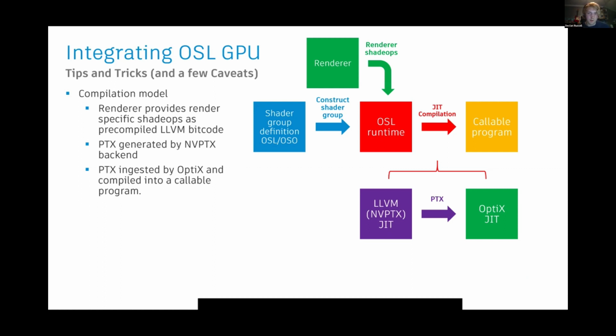Then OSL turns this all into its LLVM intermediate representation, and then hands it to the LLVM NVPTX backend, which produces PTX, which is like an ASCII-based, assembly-like language for NVIDIA cards. And then this PTX is given to OptiX, which is JIT compiled again and turned into your callable program that you can then call when you run your OptiX renderer.